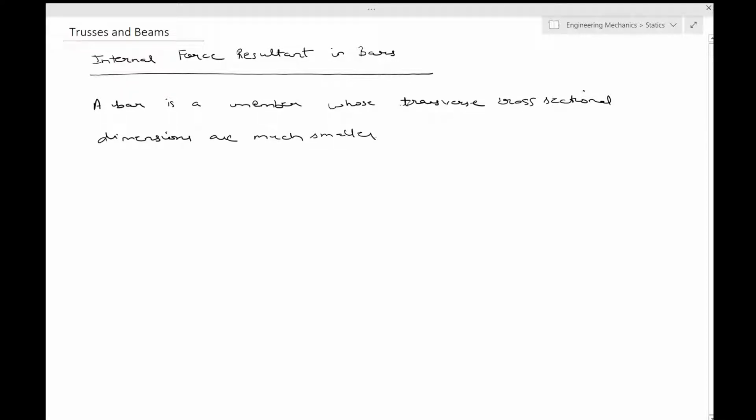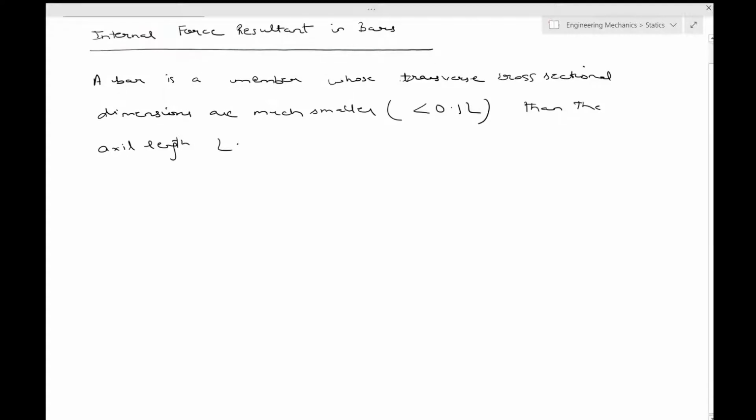And when we say much smaller, I mean at least less than a tenth of the actual length. Okay. So it looks something like this.